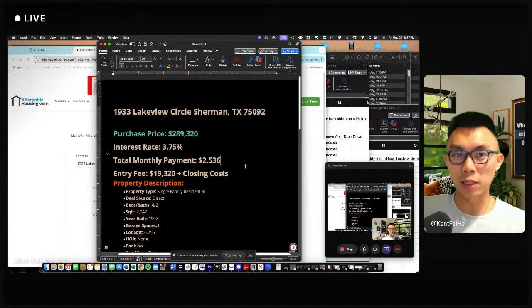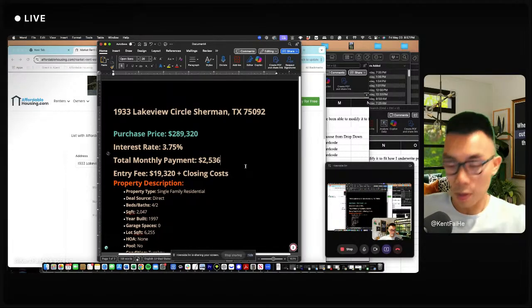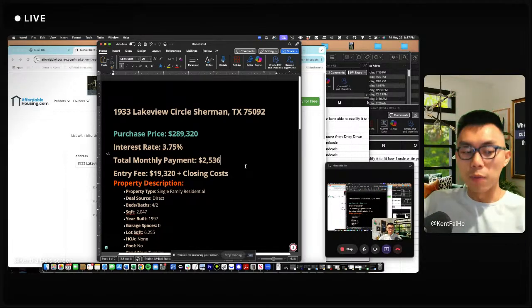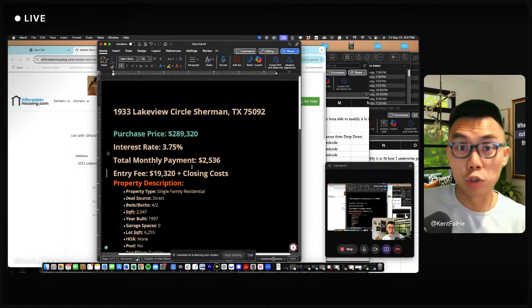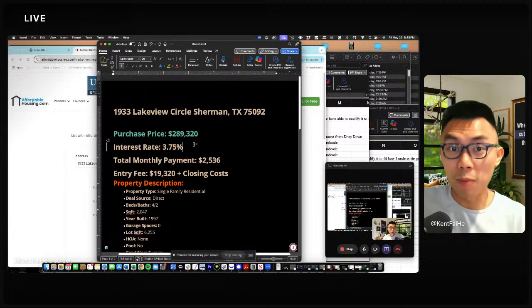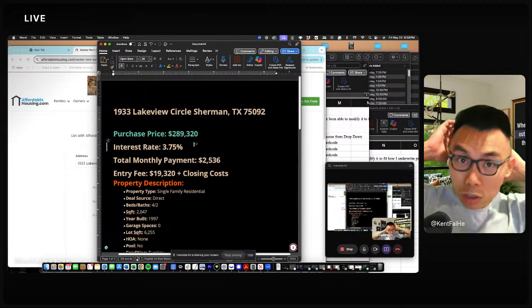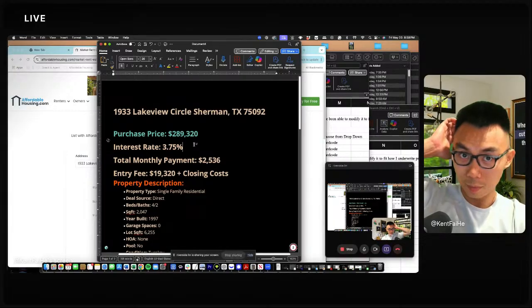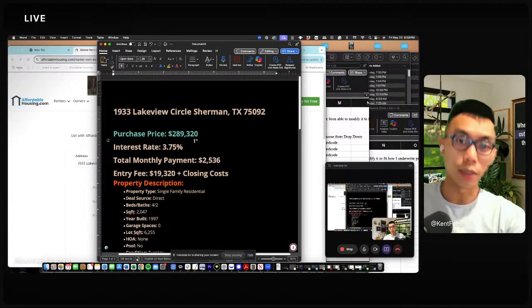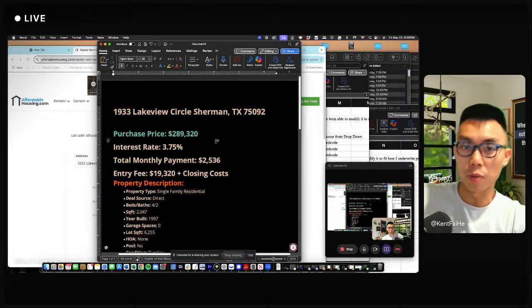Because guess who makes money in that situation? Pretty much only the banks, right? So if you want to keep an advantageous underlying loan, maybe because they have a great interest rate, 2.5%, 3.75%, that's a huge difference. Huge difference.